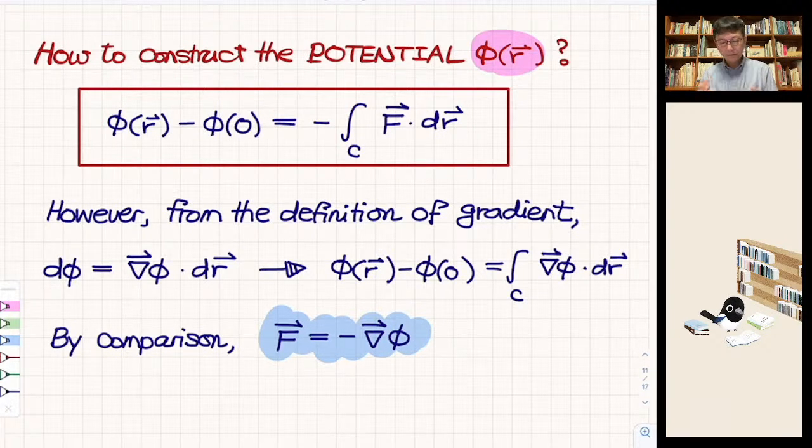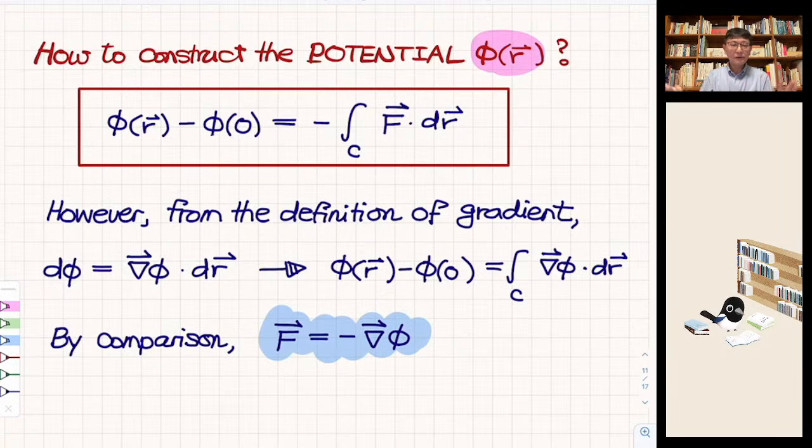Wow. So by comparison, you immediately got this very interesting result: once you got the potential, how can you get the field? Well, just take the partial derivatives. So these two are a dual relation between a potential and a conservative field.